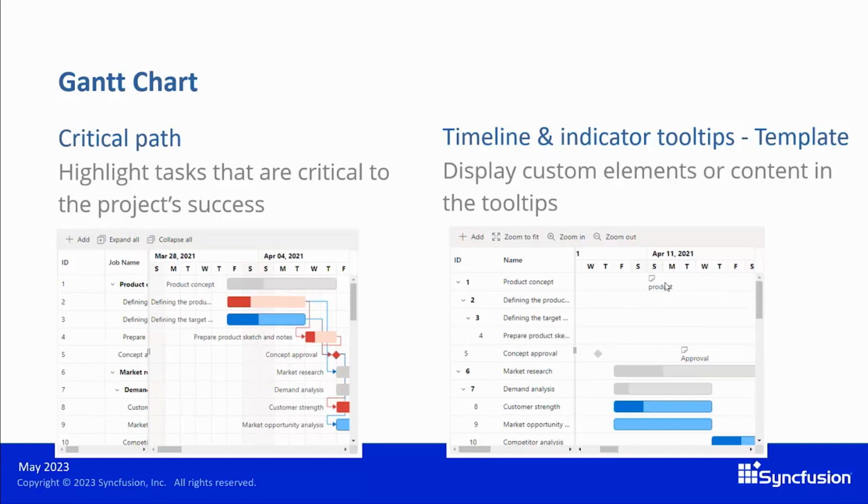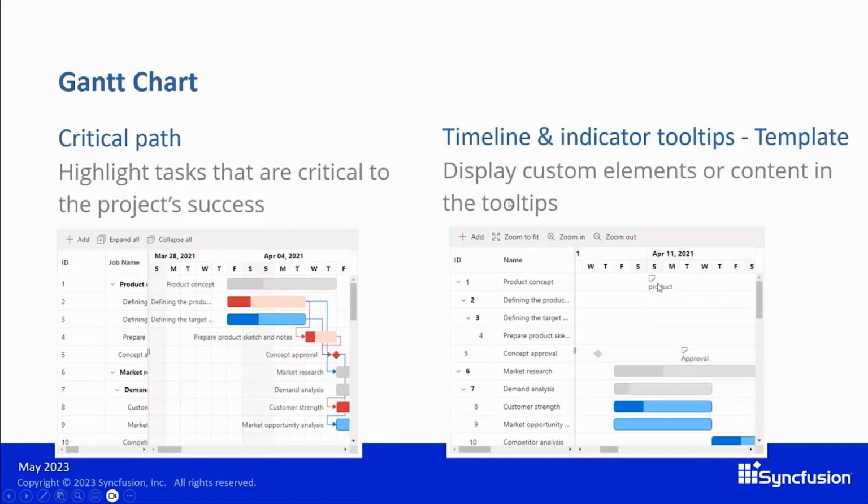If that critical path gets delayed, which means if those particular tasks get delayed, then the project will get delayed due to that. So with this feature, you can highlight the tasks that are critical to the project's success. Here in this image, the ones marked in red can be said to be in the critical path.